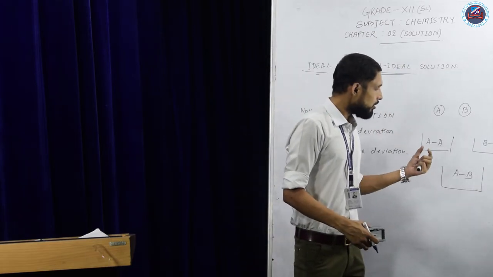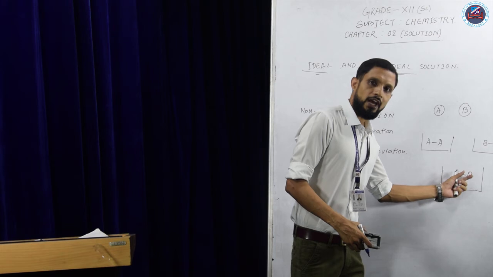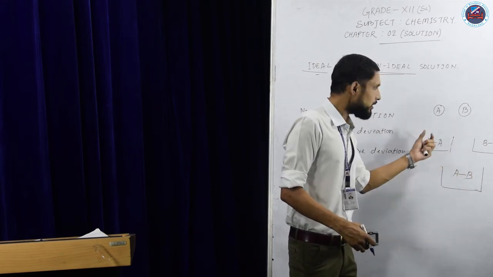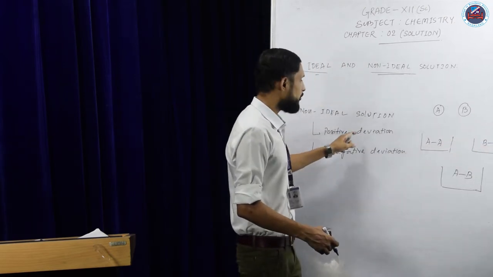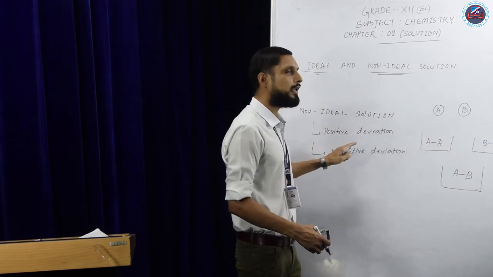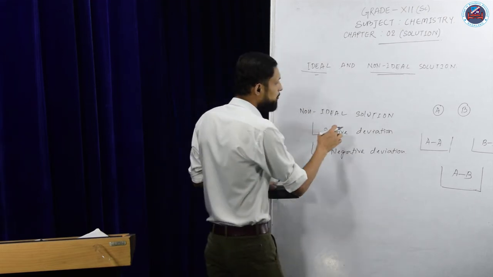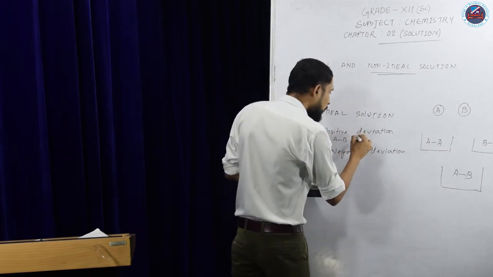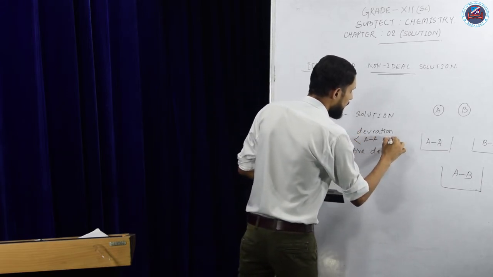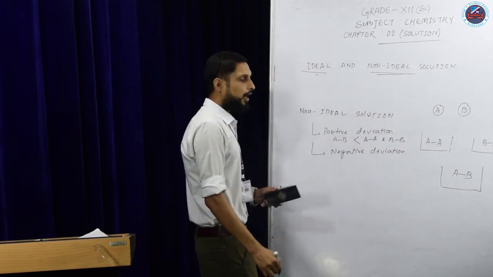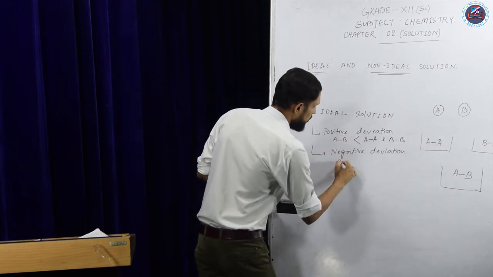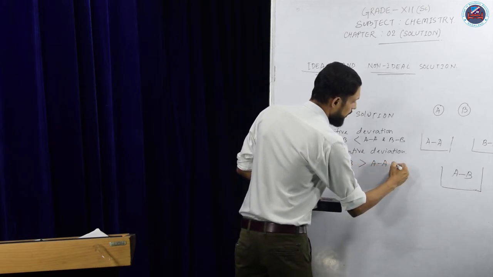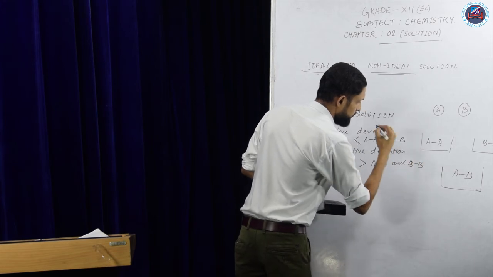Now, depending on whether the AB interaction is weaker than AA and BB, or the AB interaction is stronger than AA and BB, we have these two different deviations, that is positive deviation and negative deviation. In case of positive deviation, AB interaction is weaker than AA and BB interaction. Whereas in case of negative deviation, AB interaction is stronger than AA and BB interaction.